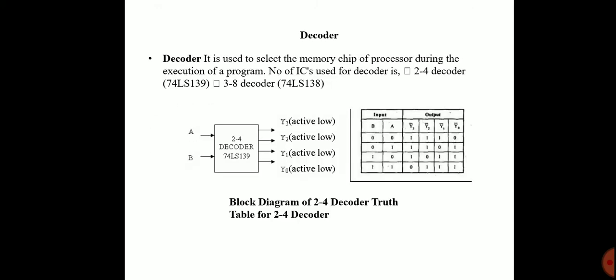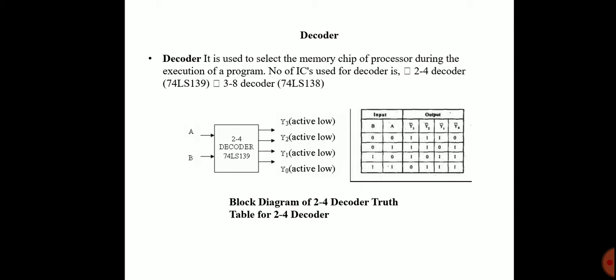Next one, decoder section. The decoder is used to select the memory chip of the processor during the execution of a program. The decoders used are the 2 to 4 decoder, using the IC 74LS139, and the 3 to 8 decoder. We see the 2 to 4 decoder section.